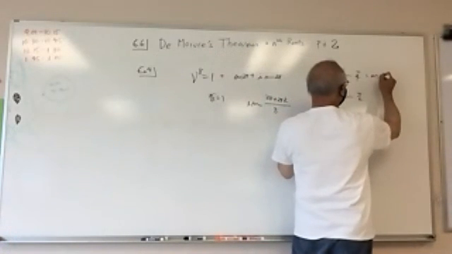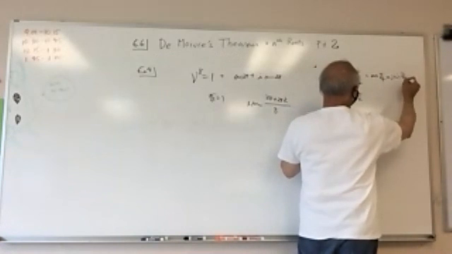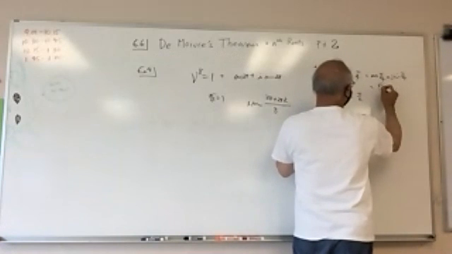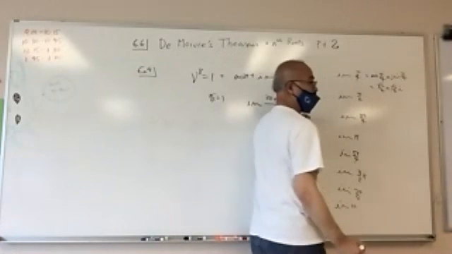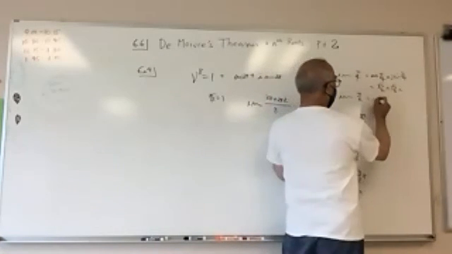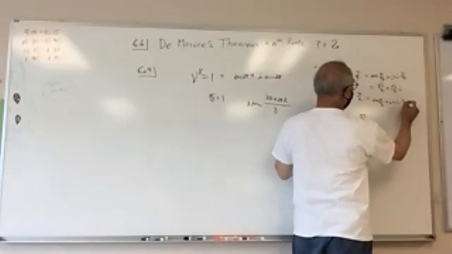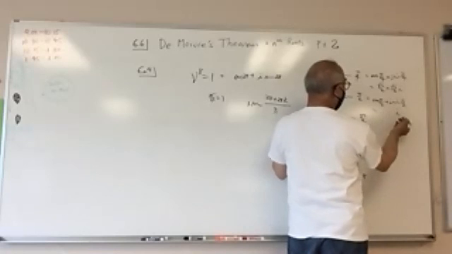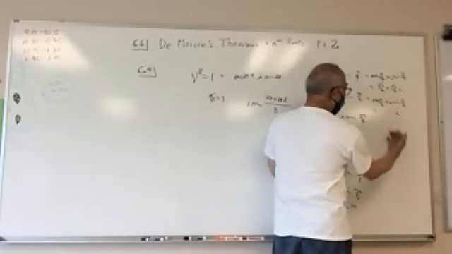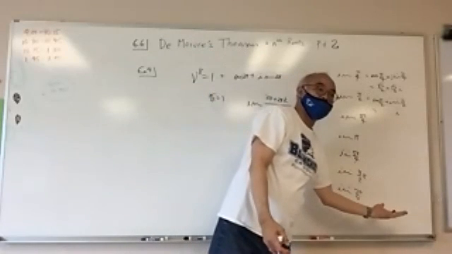This is going to be cosine pi over 4 plus i sine pi over 4, which is root 2 over 2 plus root 2 over 2 i, right? This is going to be equal to cosine pi over 2 plus i sine pi over 2. So this is going to be 1 and this is going to be 0. So it's just going to be i. And so on and so forth. You'd have to write all these out, right?